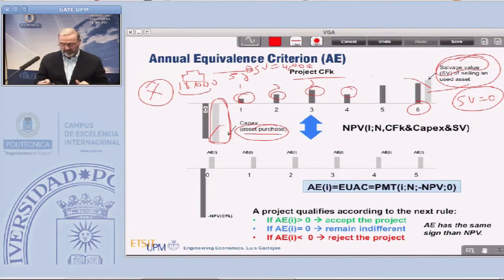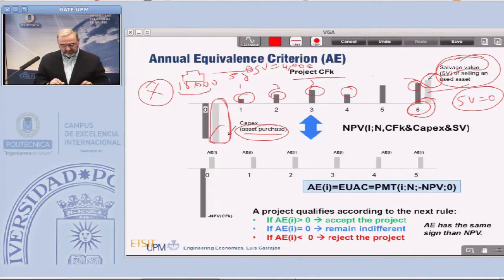Why not? We are obligated to consider future cash flows. In that case, the salvage value is a positive one, an inflow, because we are selling this asset. So considering this as part of the cash flows, it will increase the last year cash flow by this amount, the salvage value. So in that sense, it's clear.